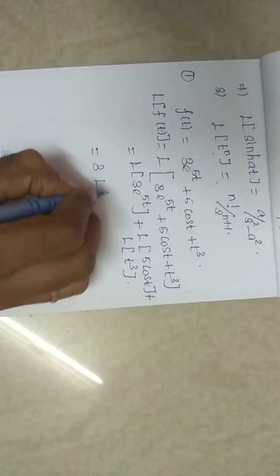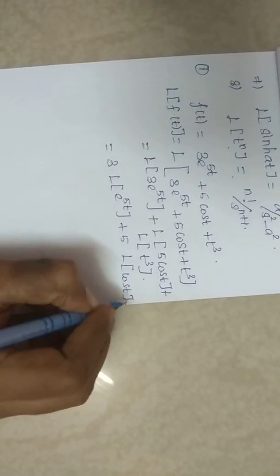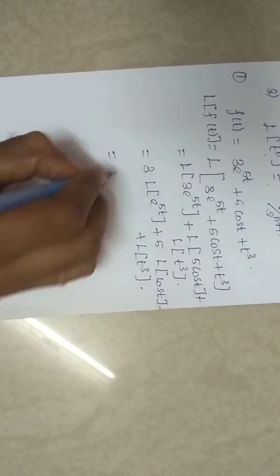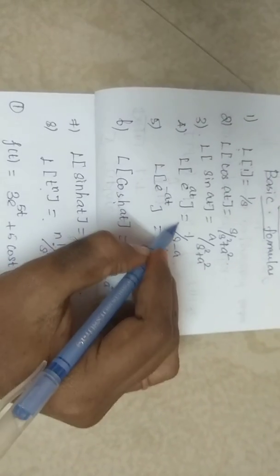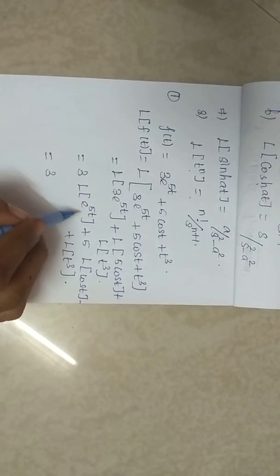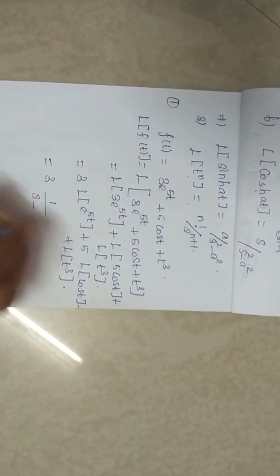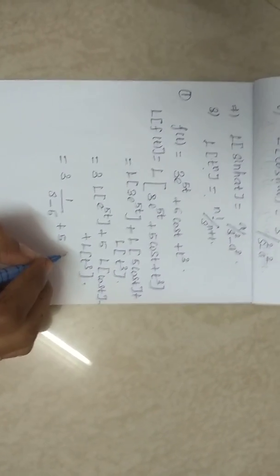So 3 into L of e power 5t plus 5 into L of cos t plus L of t cube. We already know one formula. What is L of e power at? That is 1 by s minus a. Here a value is 5. So 3 into 1 by s minus 5, plus 5 into L of cos t.